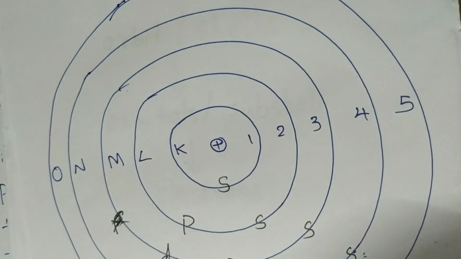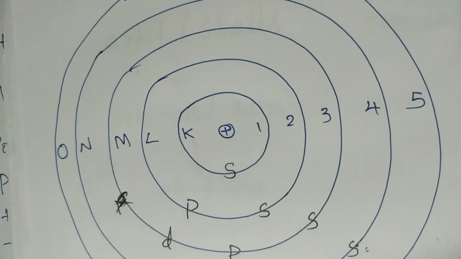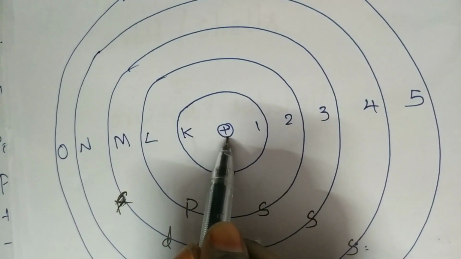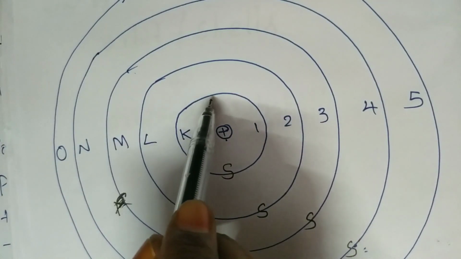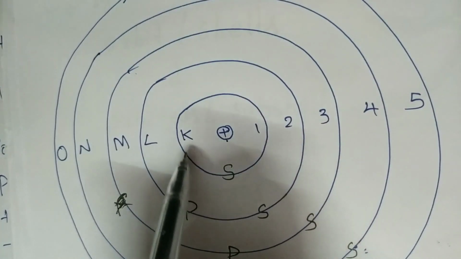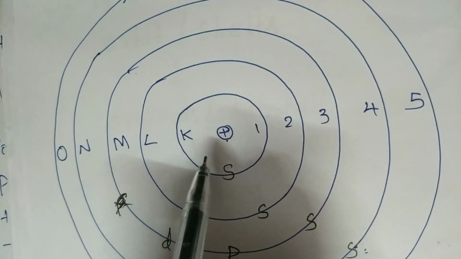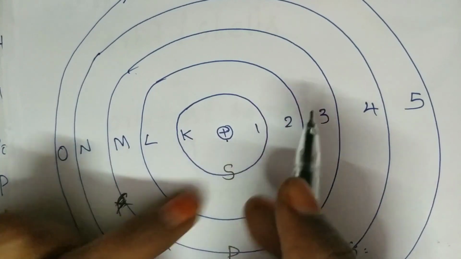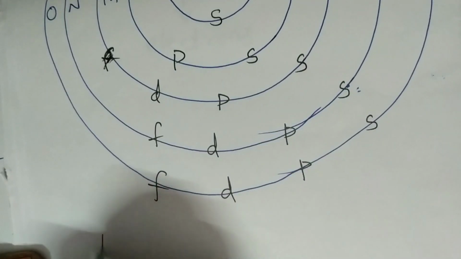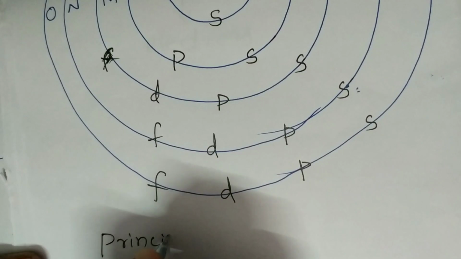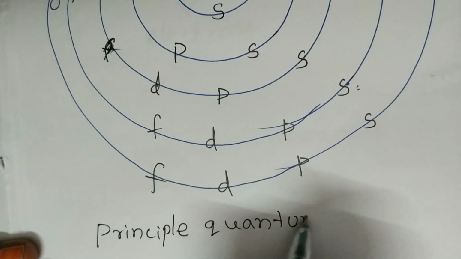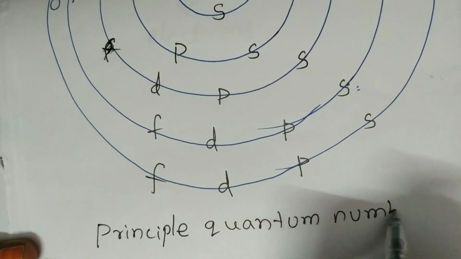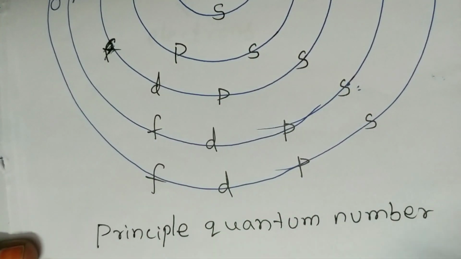So now I have drawn a diagram. See, this is the center of the nucleus of an atom. Center of the atom, we can say. So when an electron is evolving, it is forming an orbit. This is called an orbit, okay? And these orbits we also call the principal quantum number, indicated with small n.